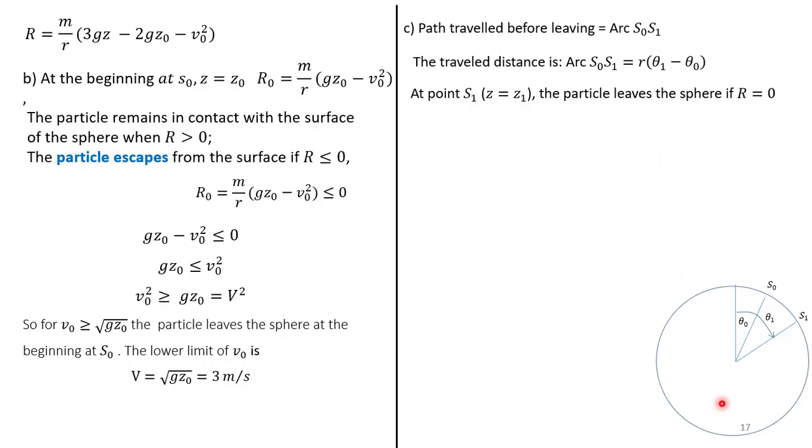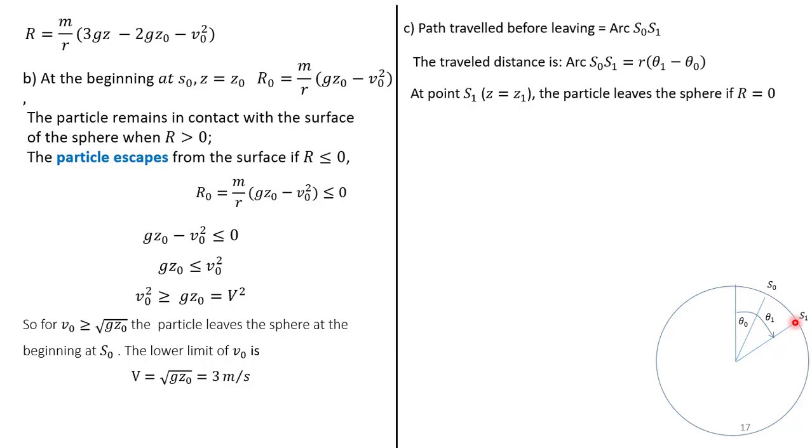At S1, the particle is at S1. The position vector makes an angle theta 1 with OZ. At S1, the particle leaves the sphere. So if the particle leaves the sphere at S1, this means that R is equal to 0, or R can be less than or equal to 0.